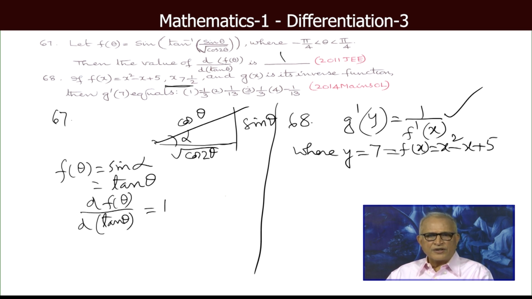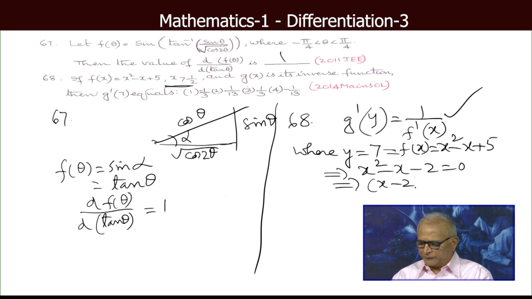Here you want g dash at 7, so your y is 7, but y equal to f x, that is x square minus x plus 5. When you solve this, x square minus x minus 2 equal to 0, or x minus 2 into x plus 1 is 0. Follow? x is greater than half, so x cannot be minus 1, so x must be equal to 2.